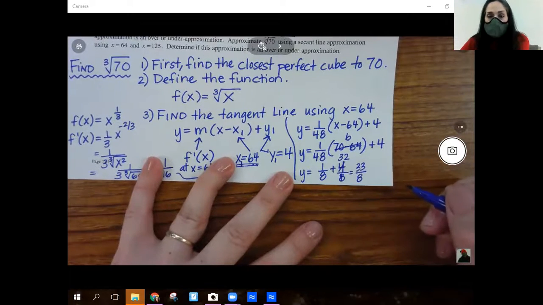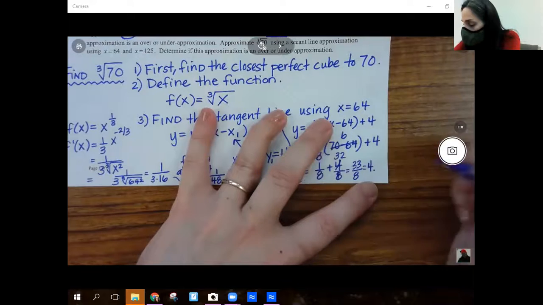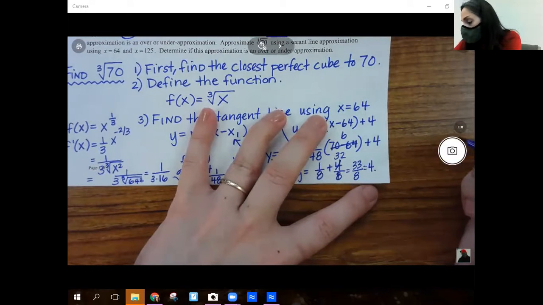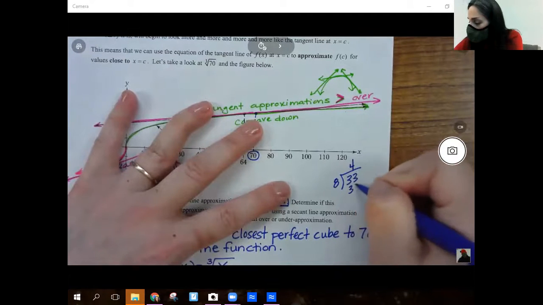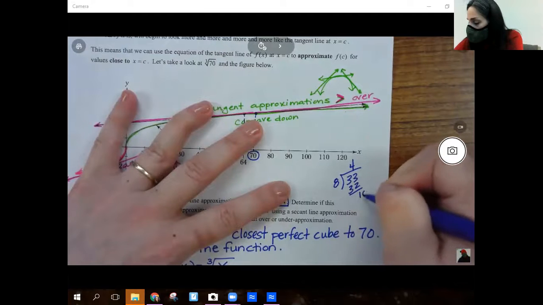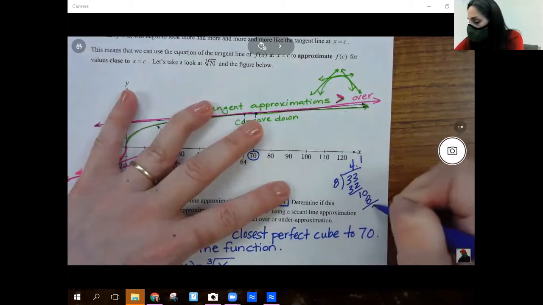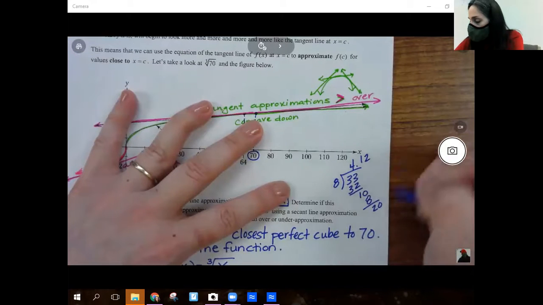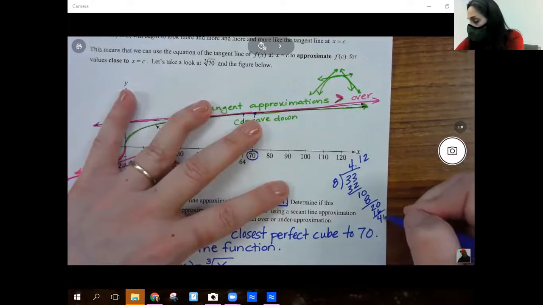33 over 8, which if you wanted to make that back into a decimal, that would be 4 point what? 33 divided by 8. Trying not to use a calculator. So that would be 4, 32 back to 1/8, right? So 8 goes into 10 once, 2, so 1, 2, 16, right? 40.